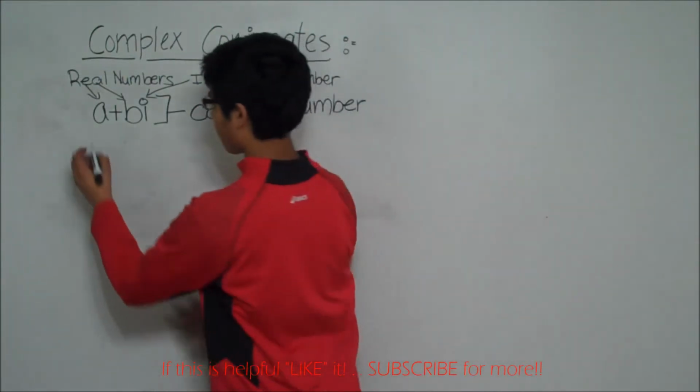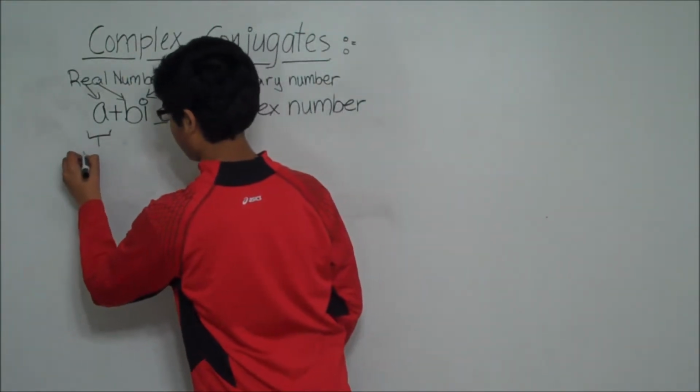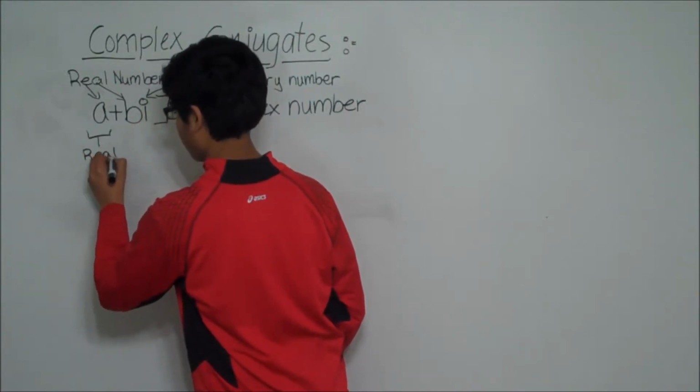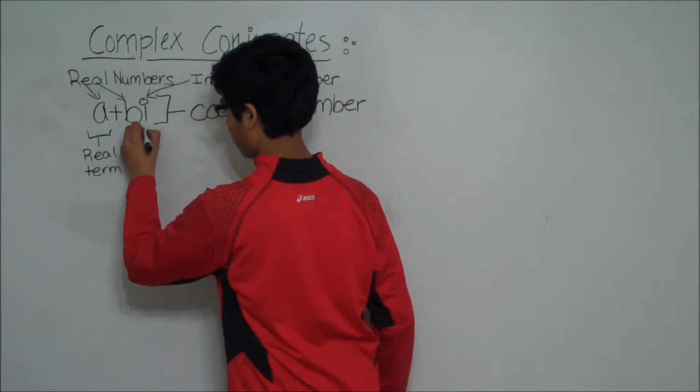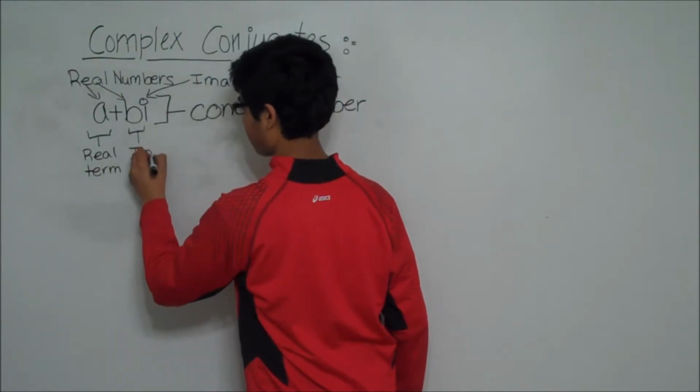Also, a is called the real term, and bi is called the imaginary term.